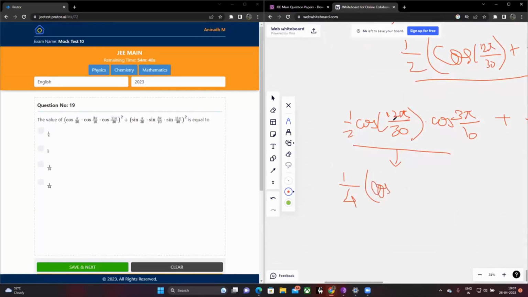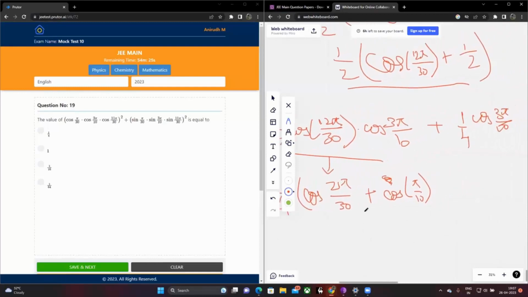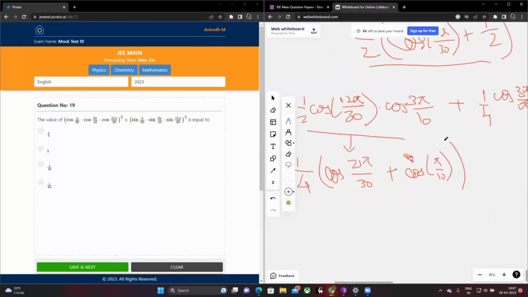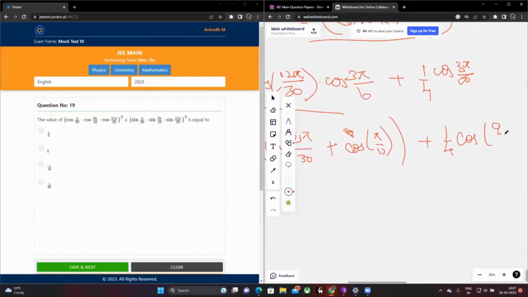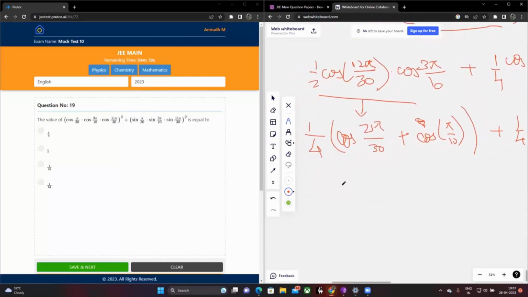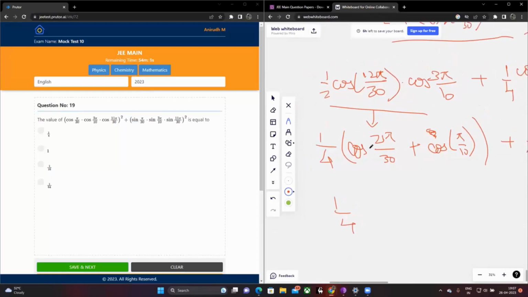So this is cos of 12 plus 9 is 21 pi by 30, plus 12 minus 9 is cos of pi by 10. That is 12 minus 9 is 3 pi by 30, that's pi by 10, right? Plus 1/4 cos of 9 pi by 30. So this is basically 1/4 times pi minus 9 pi by 30. That is basically minus cos of 9 pi by 30, right?